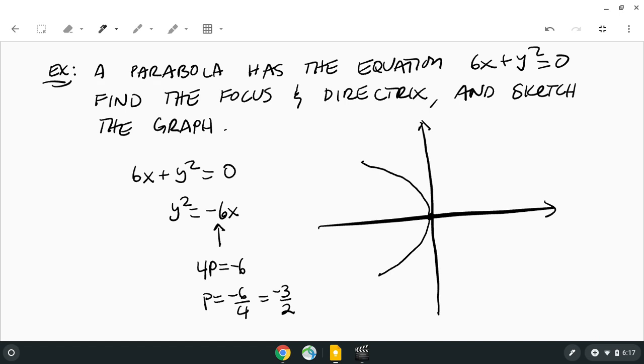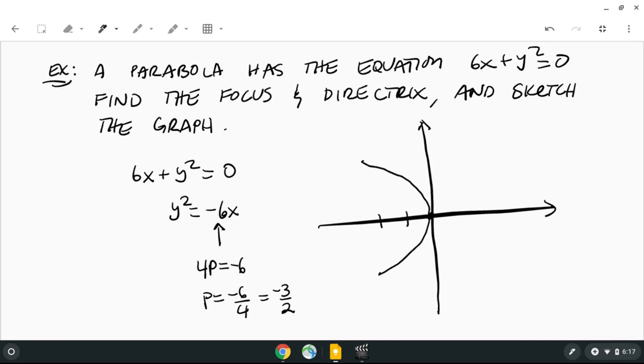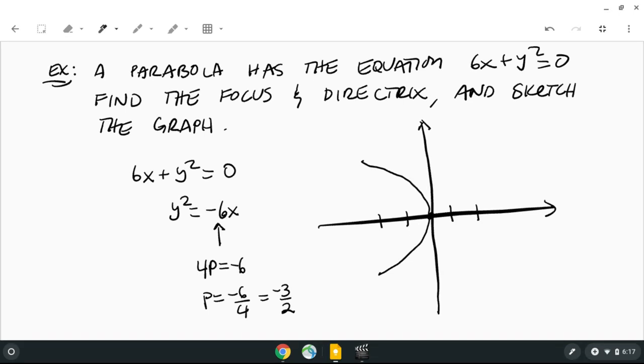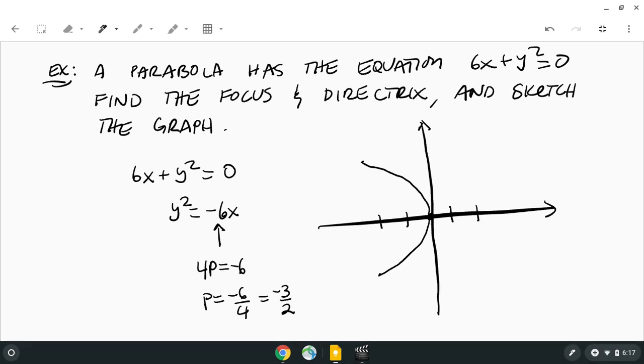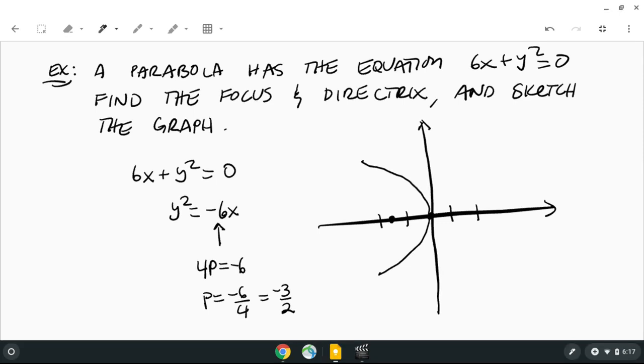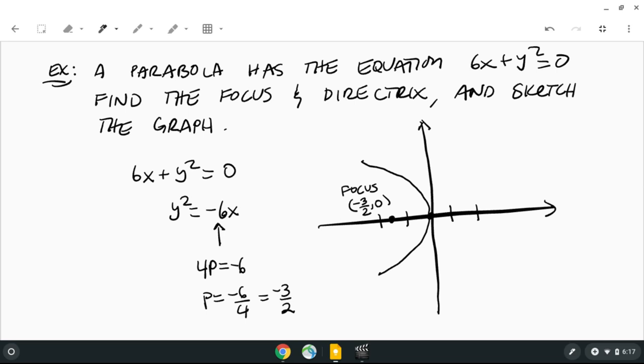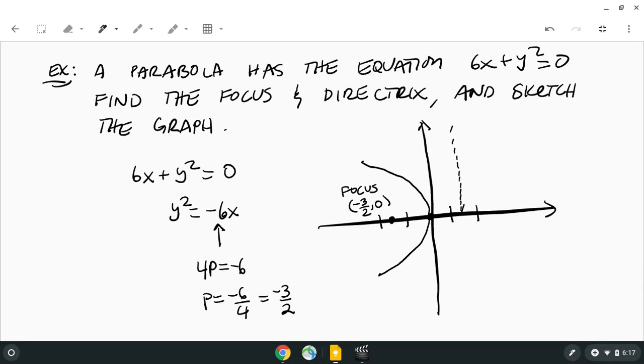And we know that p-value is -3/2. So my focus is right here. So my focus is at the point -3/2, 0. And I know that my directrix is over here.